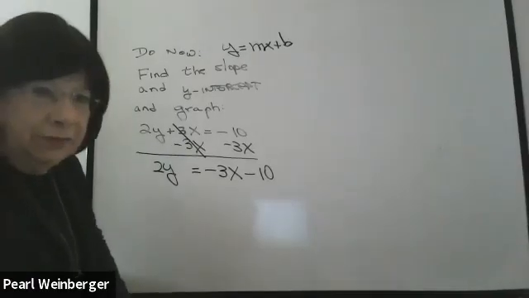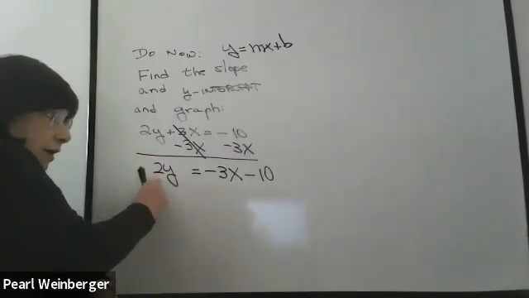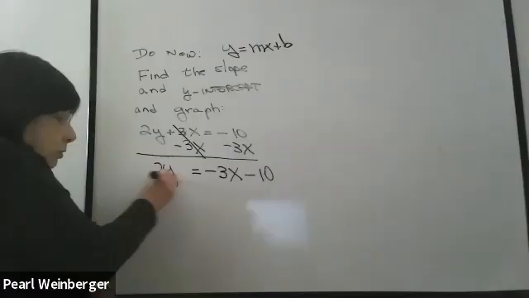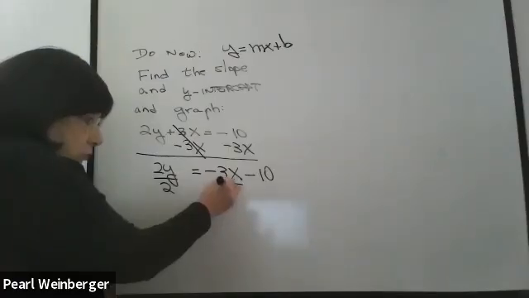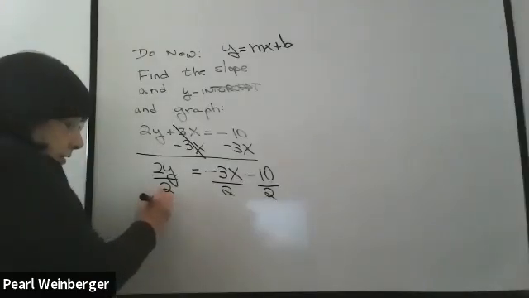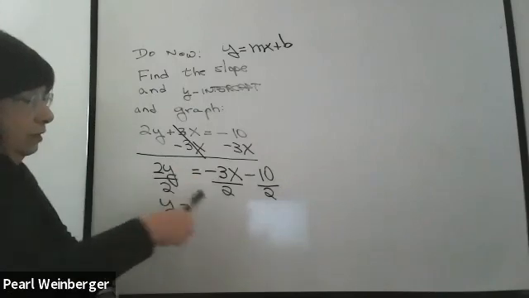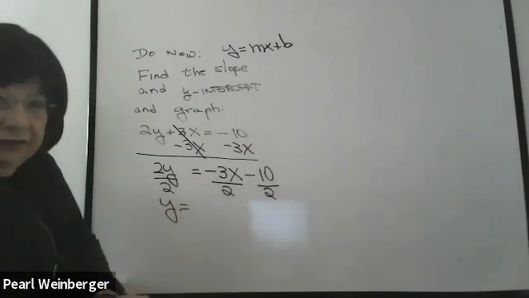Okay, Kashira, divide by 2. Right, since we want the y alone, if we want it in the y equals mx plus b form, we need the y alone, we're going to have to divide this side by 2, which means we have to divide everything by 2. Not just the x term, but the 10 as well. So that leaves us y equals, okay, what do we have in front of the x then?